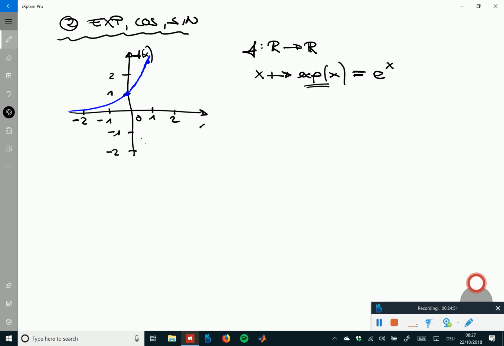So the real definition of the exponential function is actually the following. It is defined as a series from 0 to infinity of x^n divided by n factorial. So this is a series. A series is, if you want, an infinite sum.